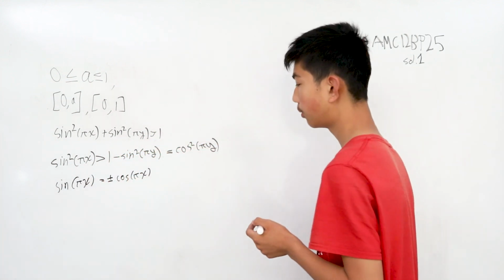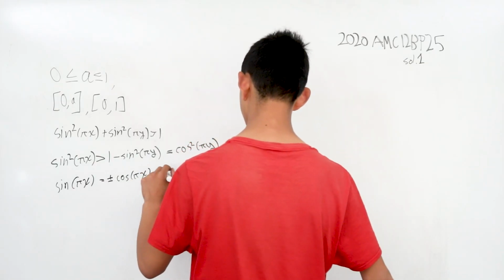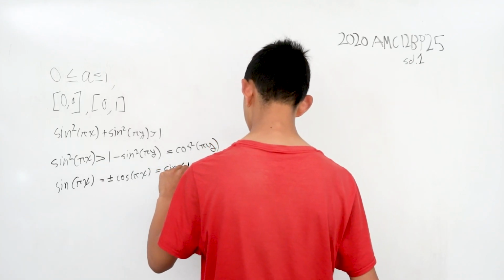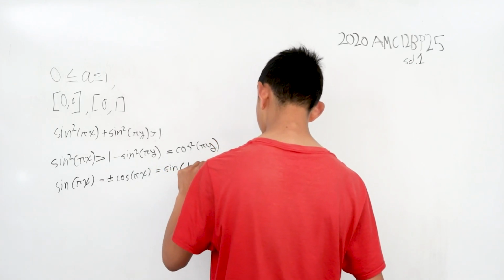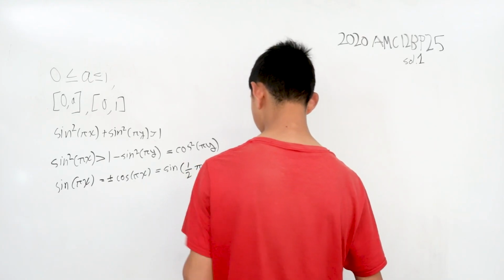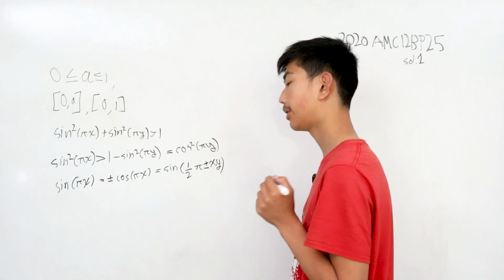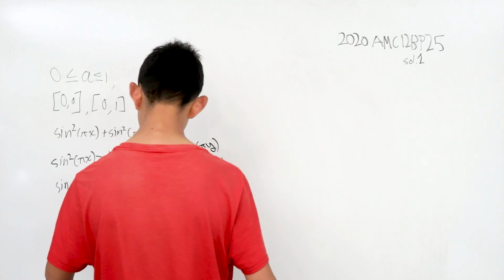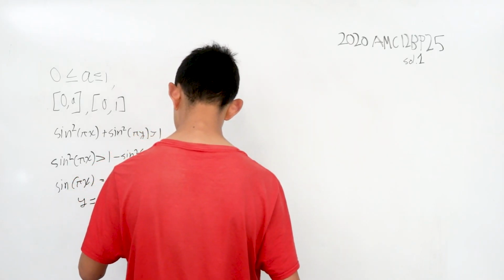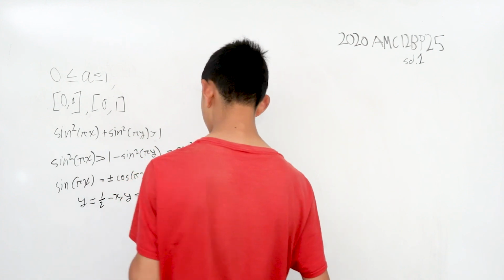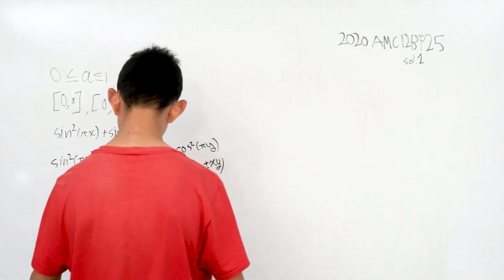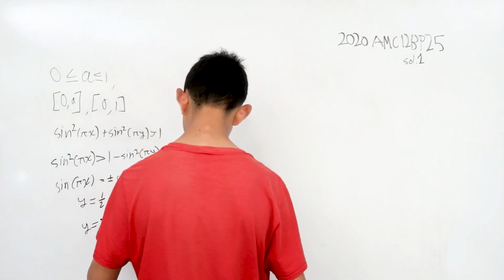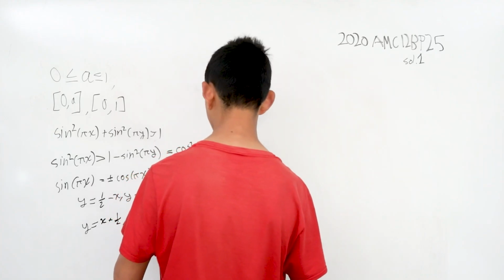If this were true, then the cosine part could be simplified to sine of π(1/2 ± y). Solving the two cases here, for the first one, you get y = 1/2 − x and y = x − 1/2. For the second case, you get y = x + 1/2 and y = 3/2 − x.